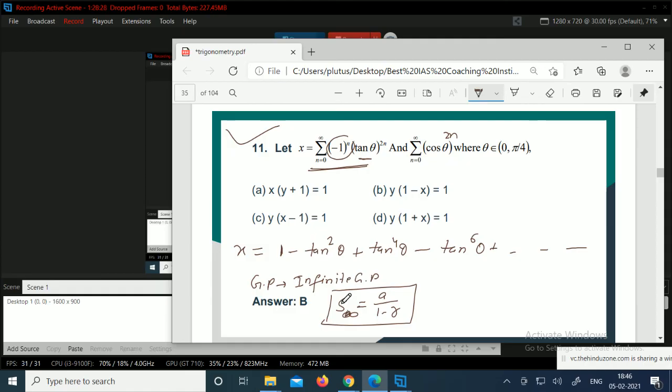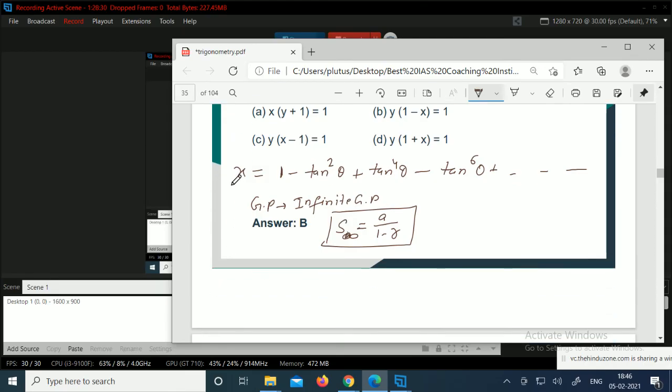If I apply this formula, then the value of x is equal to, what is the first term? 1 upon 1 minus R. What is the value of R in this series? How are we going to calculate R? A2 by A1. So that is minus tan square theta upon 1. So this is our R value.